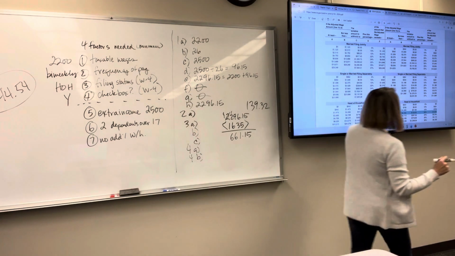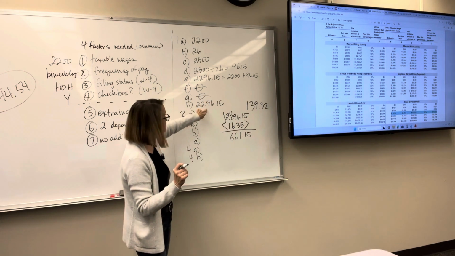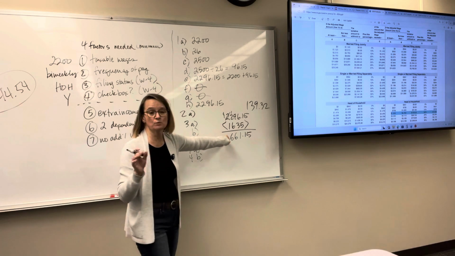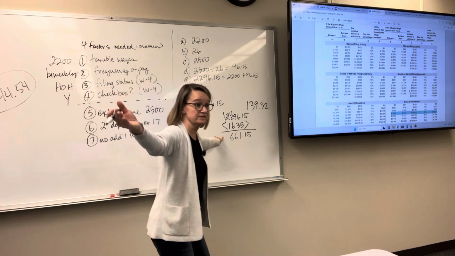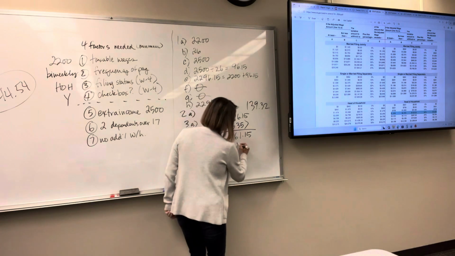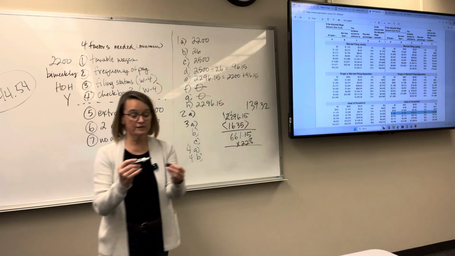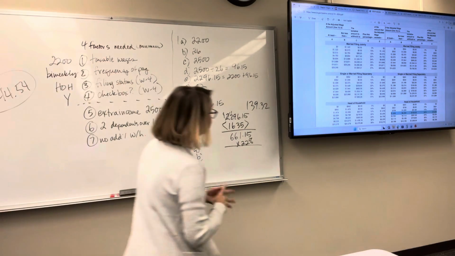So our adjusted wage amount is $661.15 into this 22% bracket. That's how much is going to be taxed at 22%. So we do the calculation, and it says that right there.